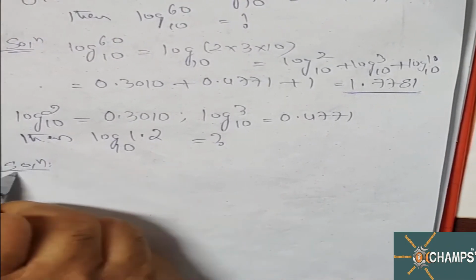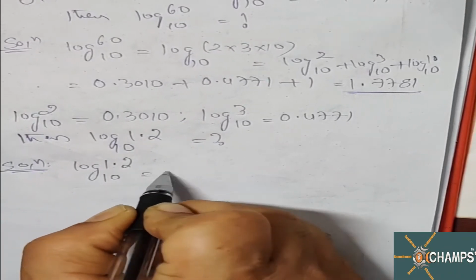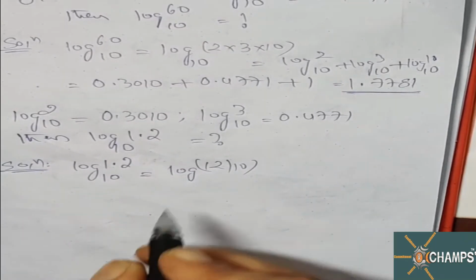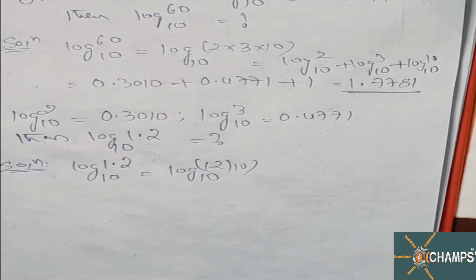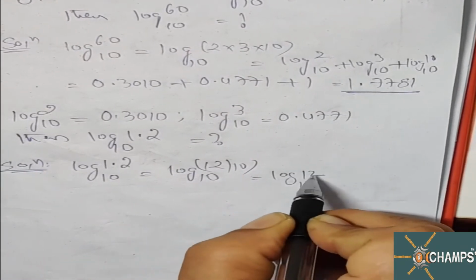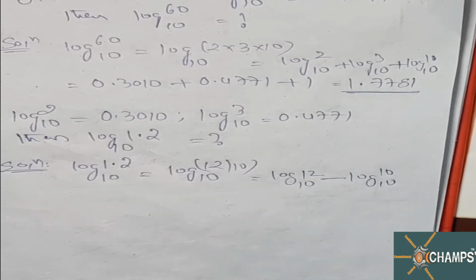Now see the solution for this. Log 1.2 to the base 10 can be written as log 12 by 10 to the base 10. 1.2 can be written as 12 divided by 10. This is equal to log 12 to the base 10 minus log 10 to the base 10.